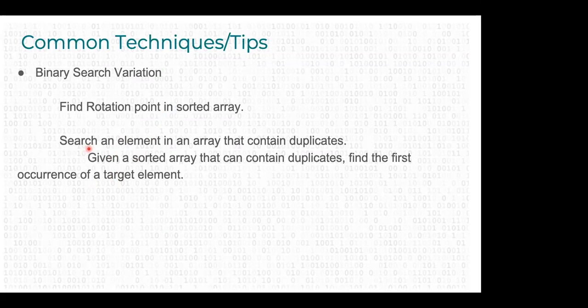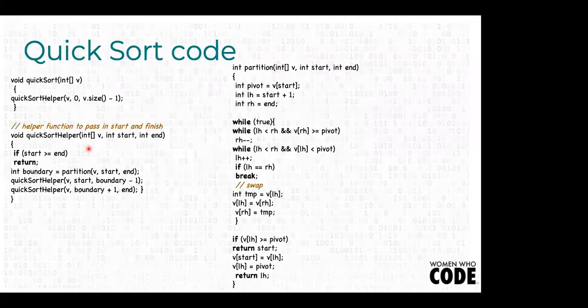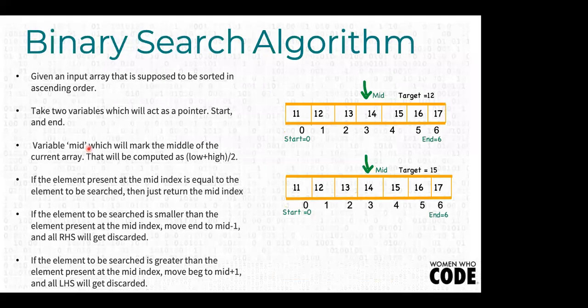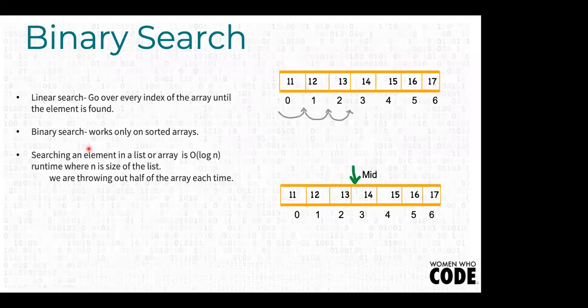So when we are doing the binary search, let's go back to our binary search piece here. Here we are assuming that these elements are sorted and they don't have duplicates. Let's say that we have a duplicate element here, like you have 14 here as well. In that case, they might ask you to return the first occurrence of that target.